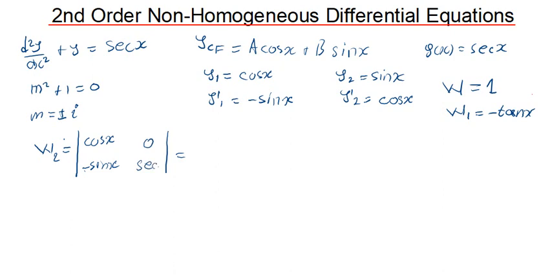The major diagonal gives us a 1, because cos times sec, and sec is 1 over cos, gives us a 1. Then the minor diagonal gives us a 0. So our W2 is equal to 1.